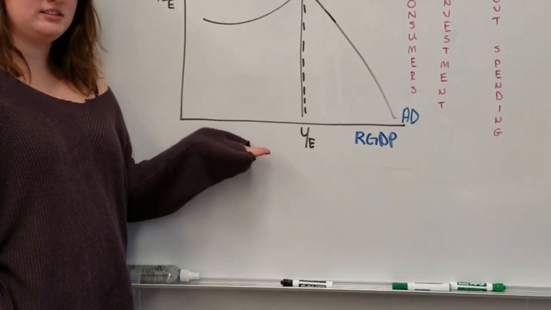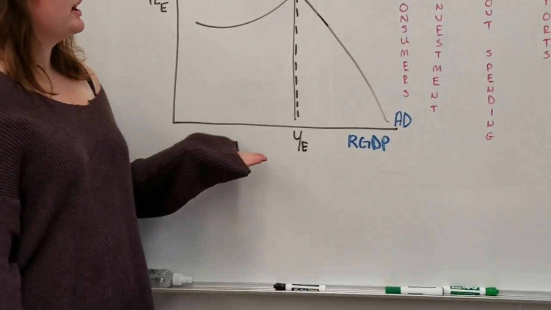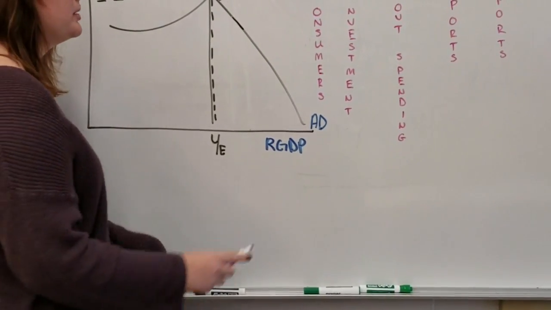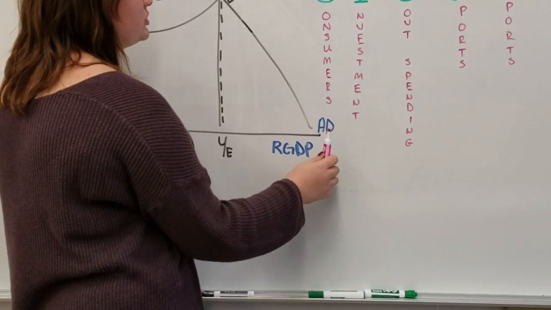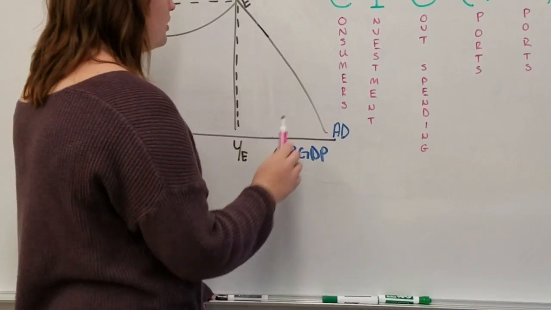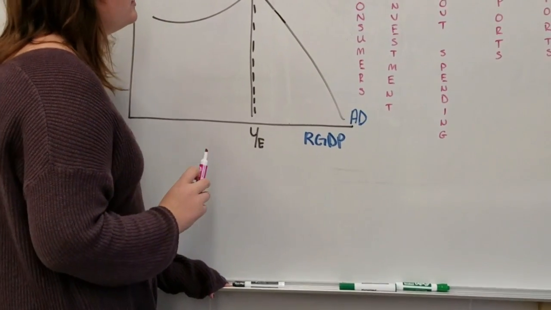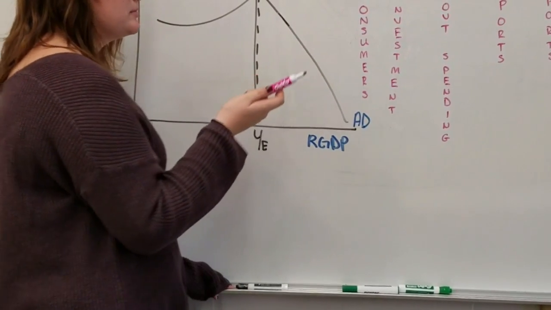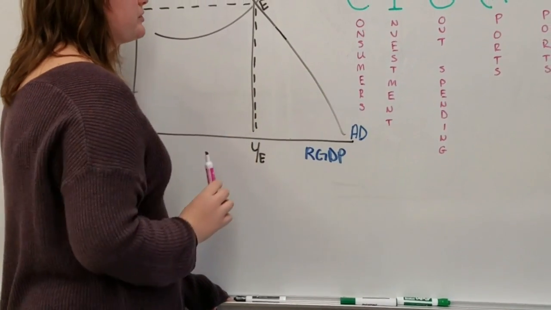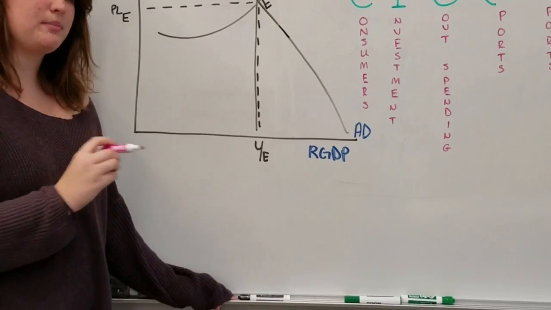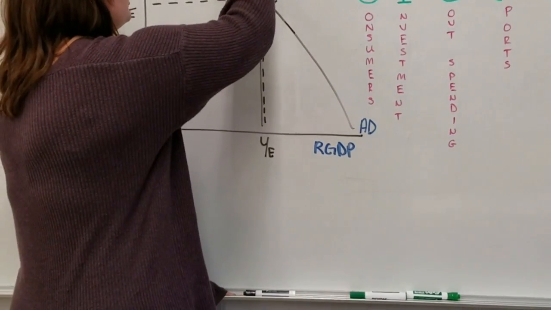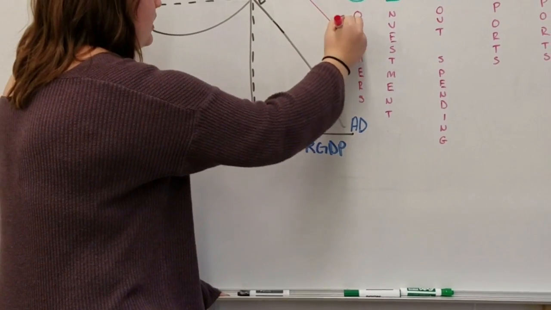Here we have the AD-AS model. Let's see what happens when the government invests in military technology. We know from the acronym C-I-G-X-M that consumers, investment, government spending, exports minus imports all shift the AD curve. Now that we know that government investments shift the curve, we need to know whether it shifts inward or outward. Government investment puts money back into the economy, and therefore we know that the AD curve shifts outward.